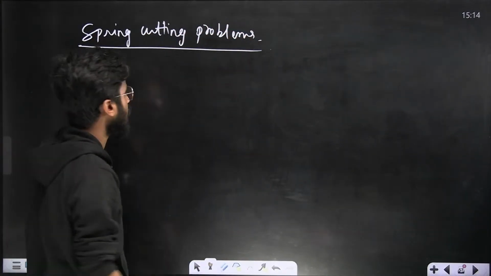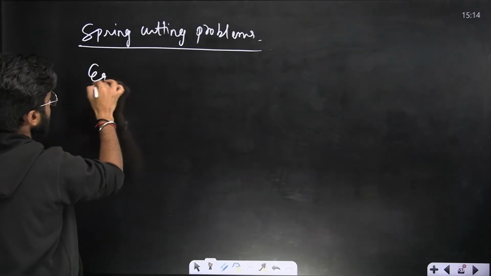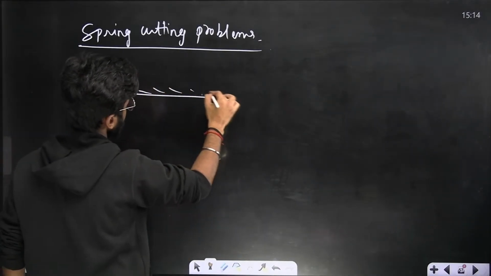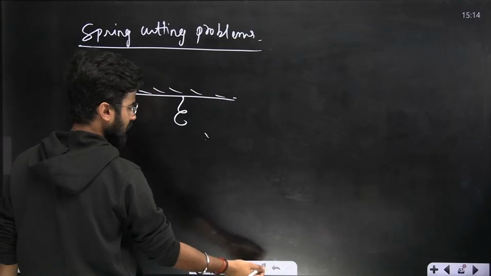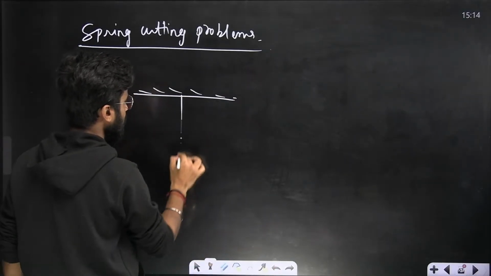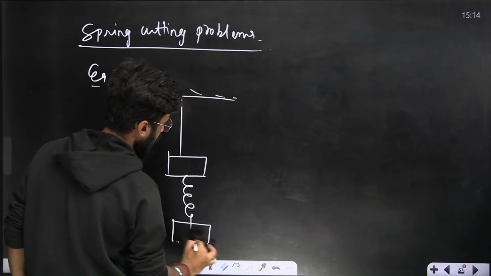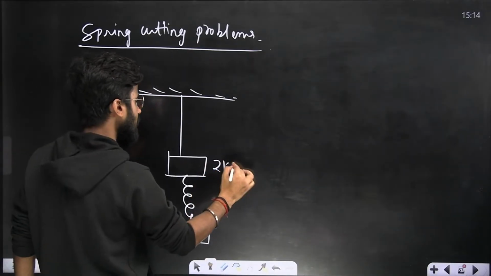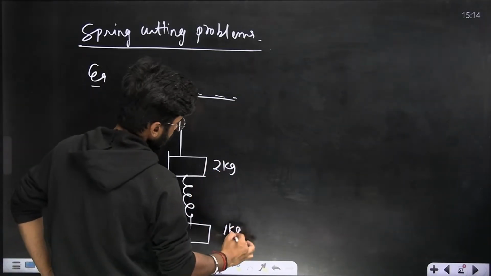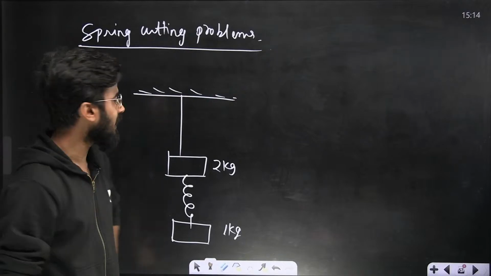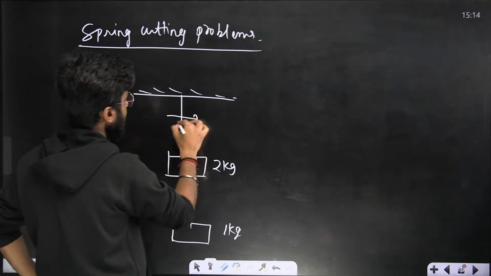What are these kinds of problems? Suppose I give you an example. Suppose we have a string like this, and then we have a spring like this, and there are two blocks. This one is 2 kg. This one is 1 kg. Suppose that this string is cut here.